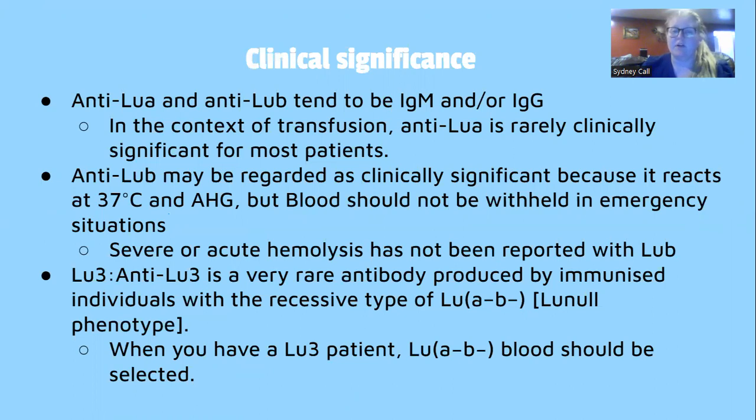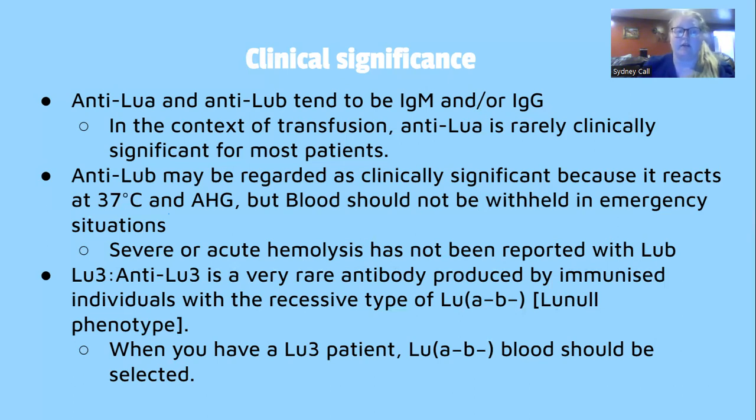So the blood should not be withheld in emergency situations. Severe or acute hemolysis has not been reported with LUB, so it is safe to go. There might just be a mild reaction. Like stated in the pathologies, normally the reactions are benign or not very severe.